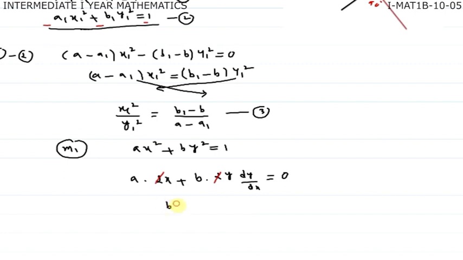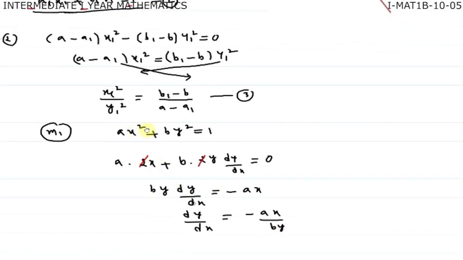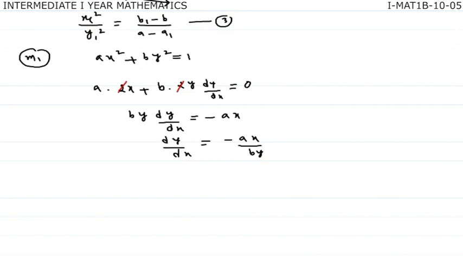So dy by dx is equal to minus a x by b y. So m1 is equal to dy by dx at x1, y1, that is equal to minus a x1 divided by b y1.